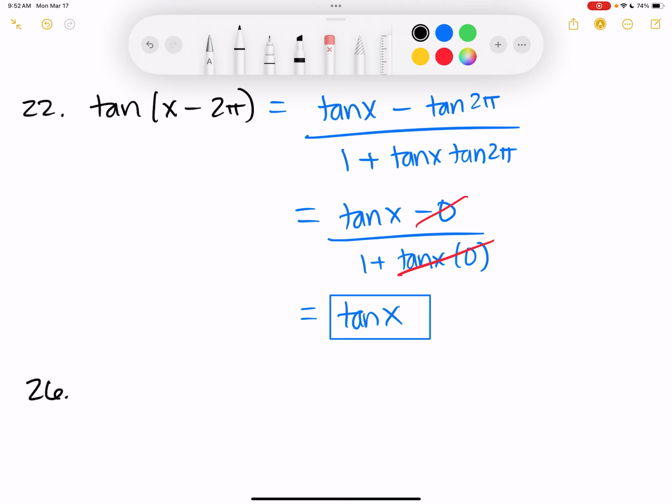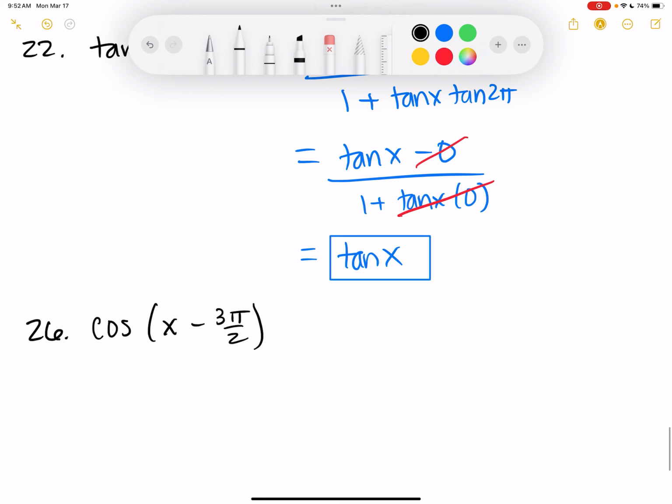26. Cosine of x minus 3 pi over 2. What would the formula be for this one?